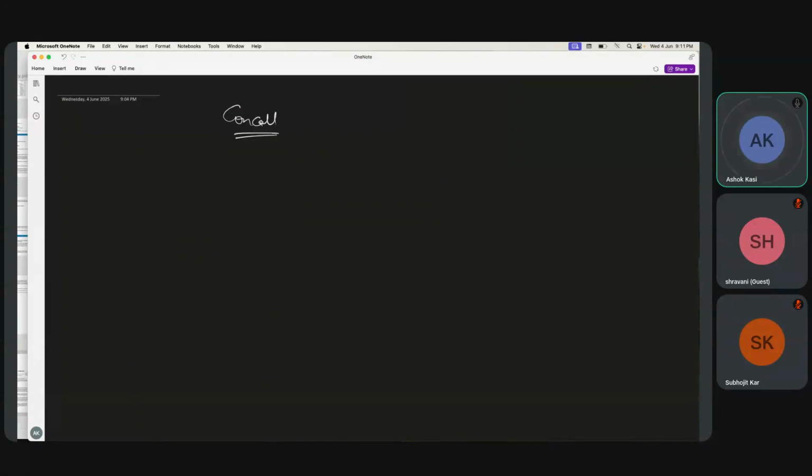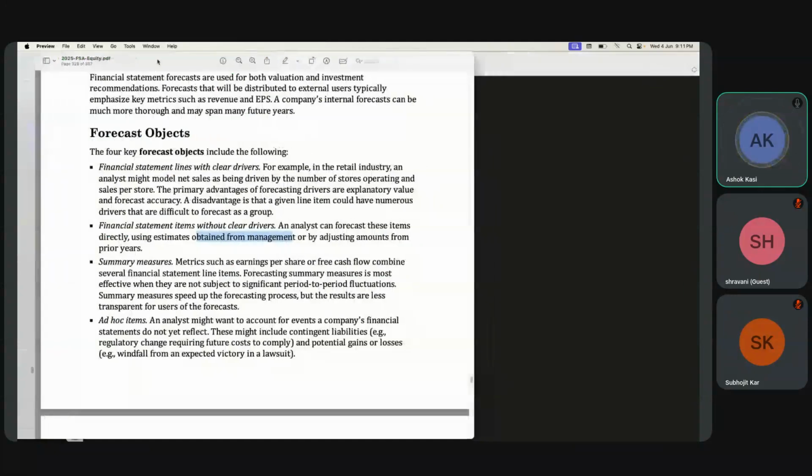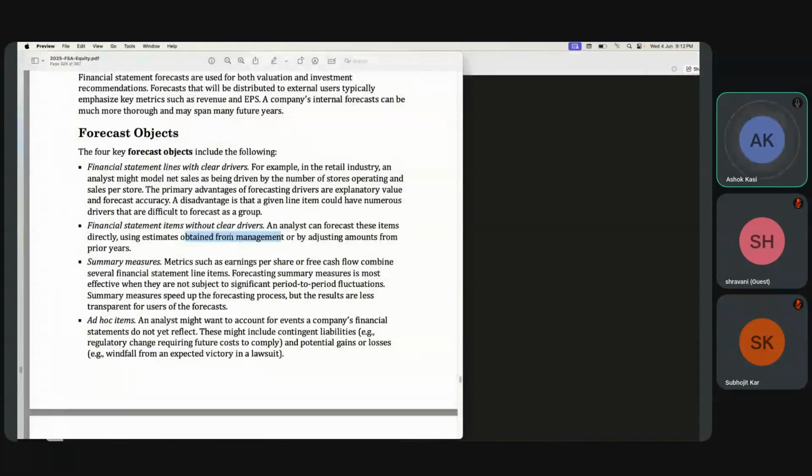You can type whatever company you want and type con call. That means a conference call of all the analysts, wherein analysts ask questions and the management gives the guidance: how they have performed, how they will be performing, and what can be expected in the upcoming quarters. So you will get an idea from the management.